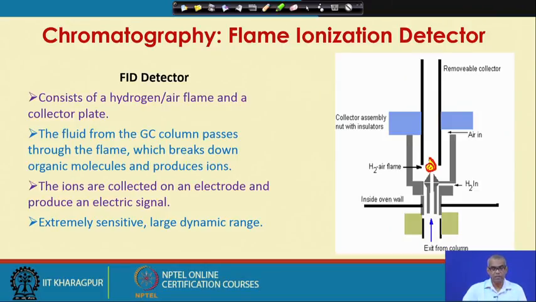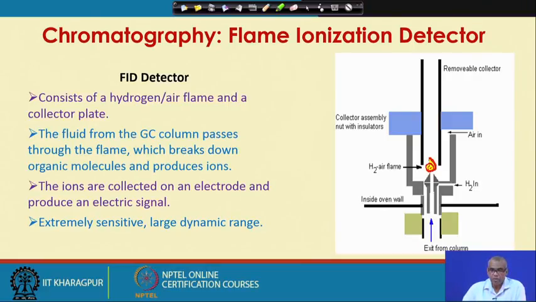The ions are collected on an electrode and produce an electric signal. So, this electric signal is a measure of the components in the mixture. It is extremely sensitive and has a large dynamic range.